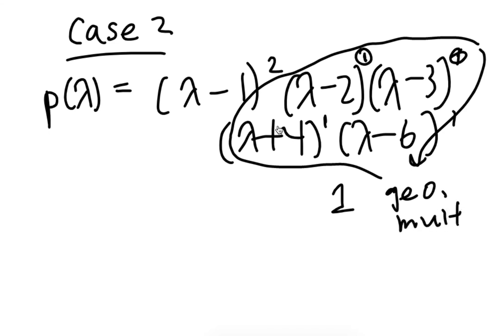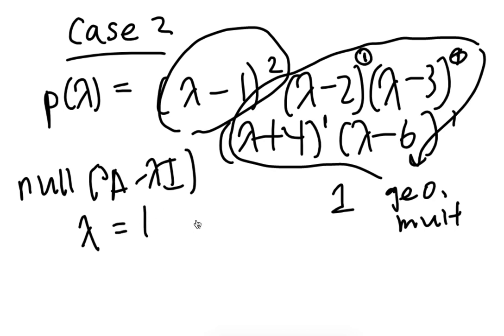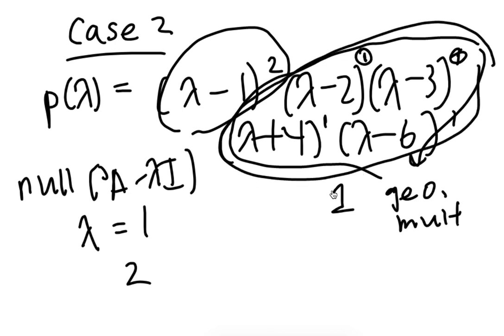Meaning that in order for this matrix to be diagonalizable, we just have to check the null space of A minus lambda I for lambda equals 1. And we just have to verify that geometric multiplicity is equal to 2. All of these values are distinct, and they have algebraic multiplicity 1, meaning that the geometric multiplicity has to equal the algebraic multiplicity. And that simplifies our calculation a lot.